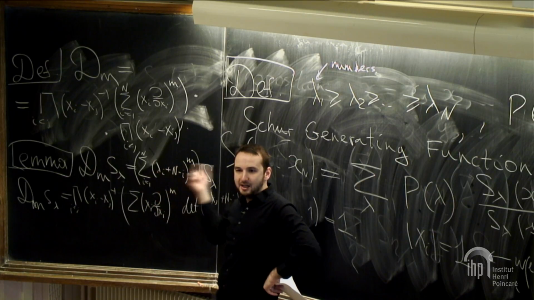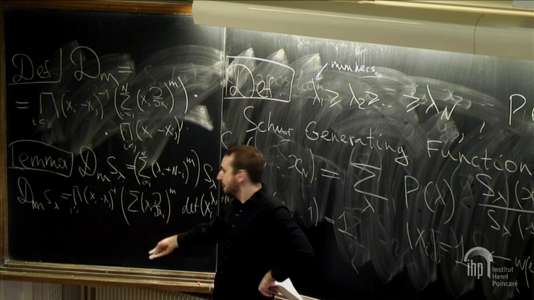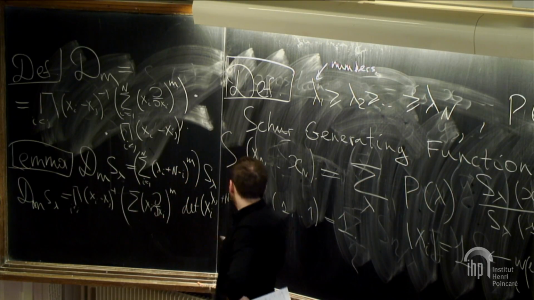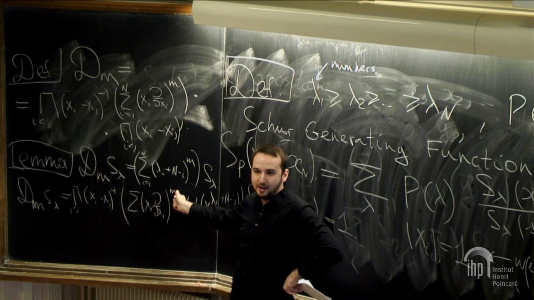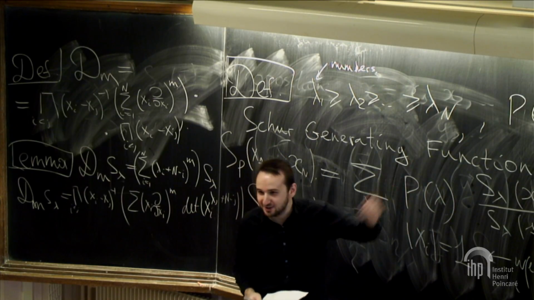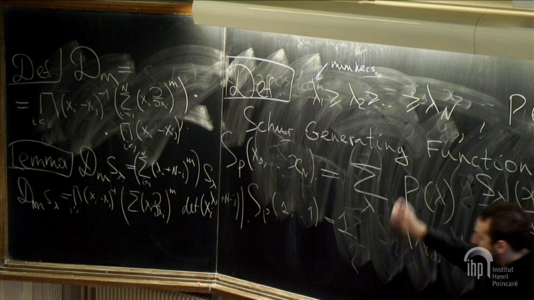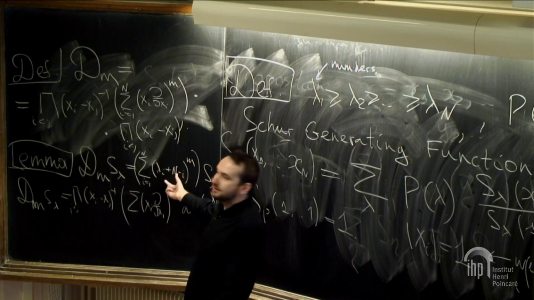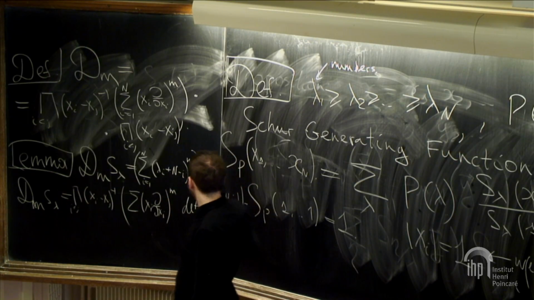So there will be n factors, but only one variable appears in each. So it will act on this unique factor, and it will produce precisely (lambda_j plus n minus j) raised to the power m. Because that's precisely the same one-dimensional computation that I just erased. And then when you sum over all i from 1 to n, you will get the sum of all these things.